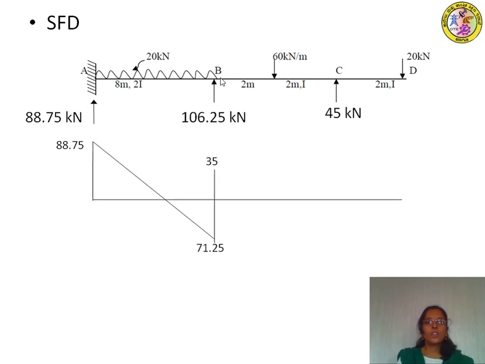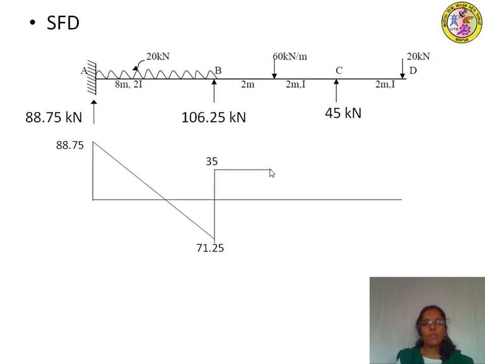So let us consider this as point E. So shear force to the left of E. So in between right of B to left of E, we don't have any loading. Therefore, shear force will be constant in between B to E.